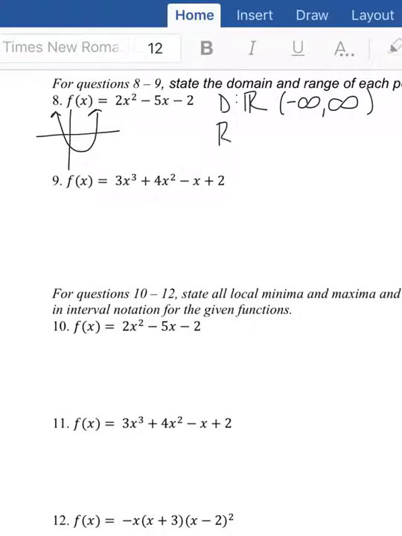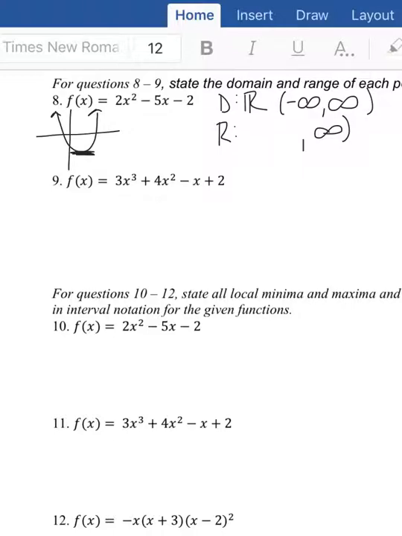For my range, though, you see that I have a minimum, because now I'm looking up and down, I have a minimum y value here. So my upper boundary keeps going up to infinity, but this y value, I have to figure out what that point is. I really need the y value, so I'm going to do second trace, number 3 I believe is minimum, or number 4. And then I'm going to do that left bound, right bound.